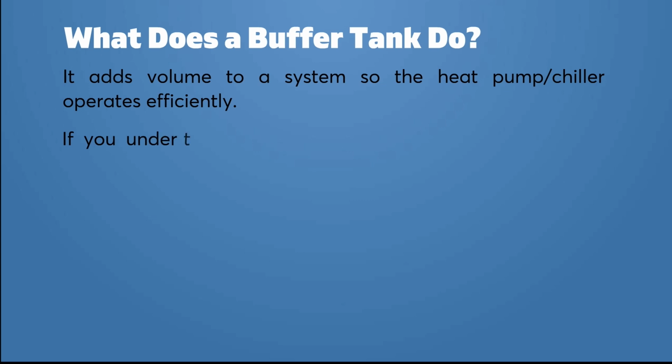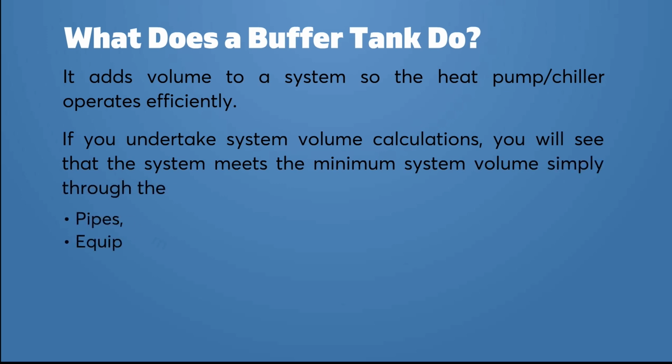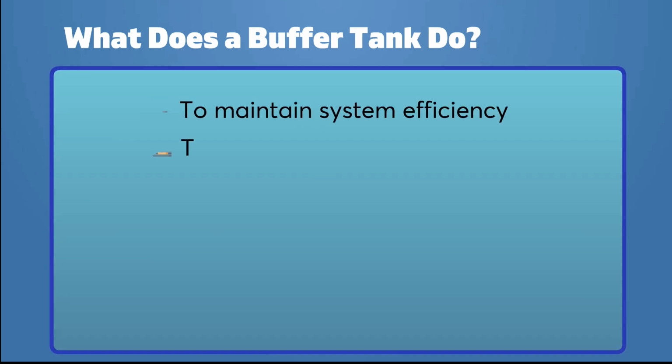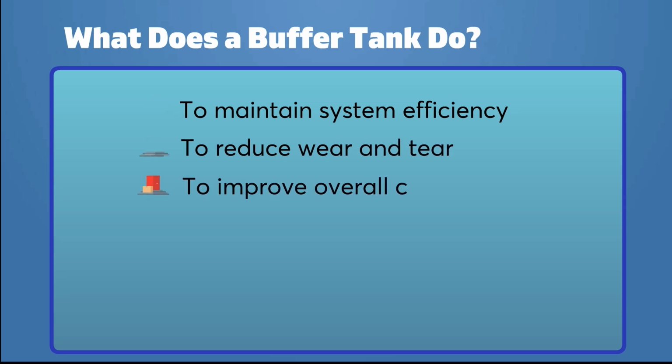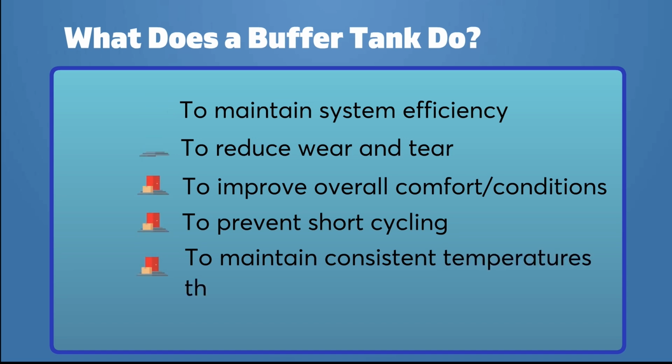If you undertake system volume calculations, you will see that the system meets the minimum system volume simply through the pipes, equipment, and accessories. So, in summary, we can say it maintains system efficiency, reduces wear and tear, improves overall comfort and conditions, prevents short cycling, and maintains consistent temperature throughout the system.